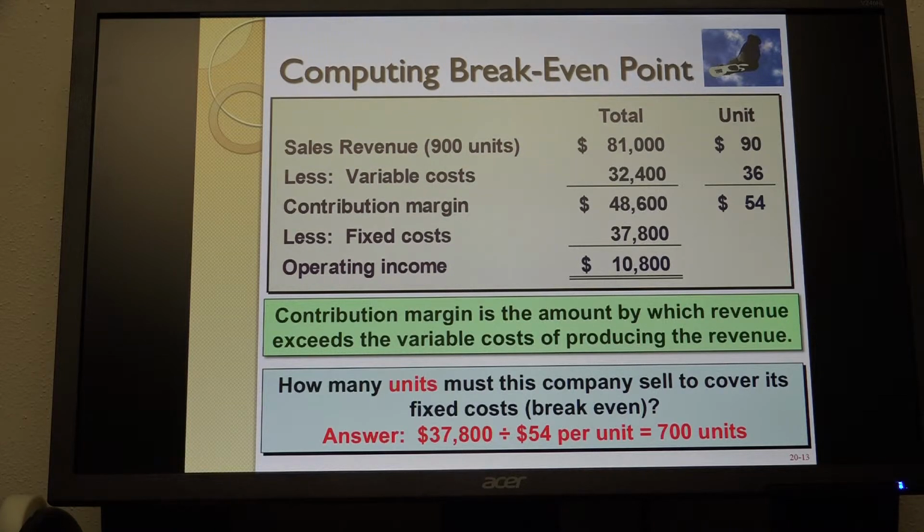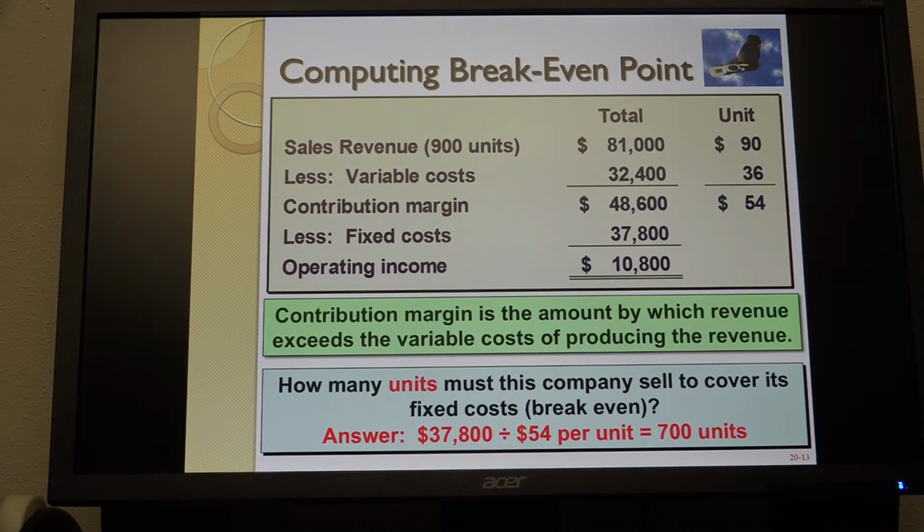So you could do that a couple of different ways. You could take, as they did, the 37,800 divided by the $54 per unit, that's your contribution margin per unit.